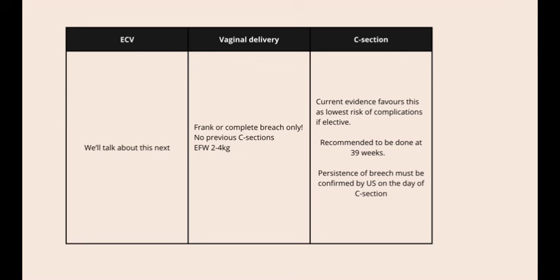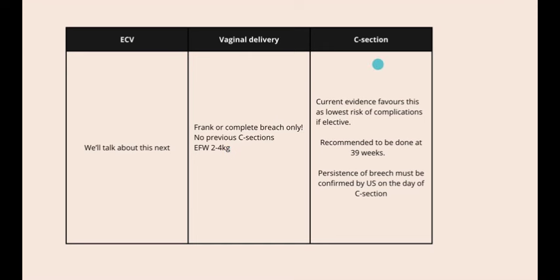Now, in terms of managing malpresentations, we'll talk about ECV, which is the external cephalic version, where you try to spin the baby around to present to the right presentation, so it's head down. Vaginal delivery is possible only in frank or complete breech, only if the patient has had no previous C-sections, and as long as the baby isn't too small, less than 2 kilos, or too big with macrosomia over 4 kilos.